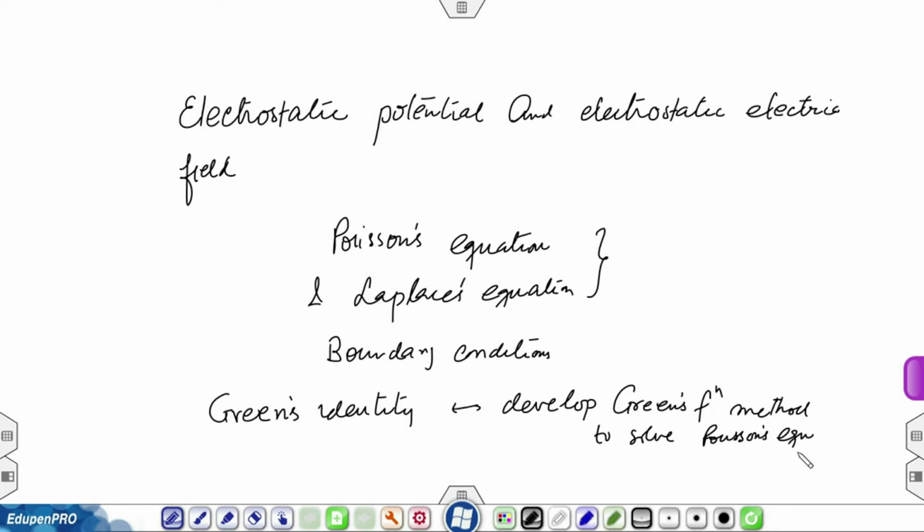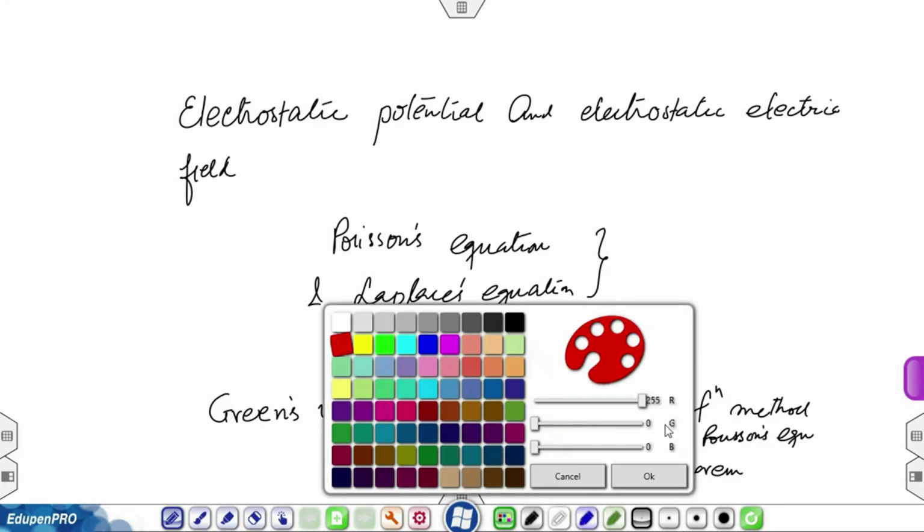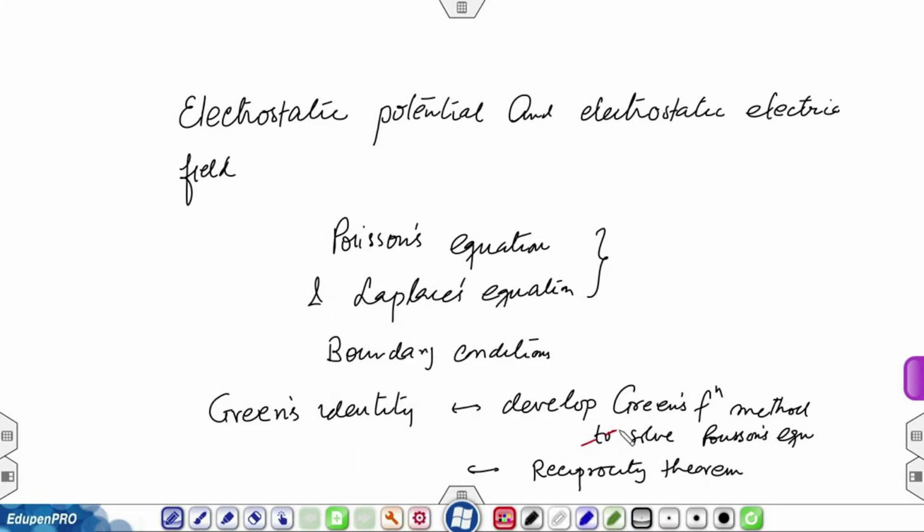What I will instead focus on is something called the reciprocity theorem, and its interpretation. The Green's function part I am not dealing with.